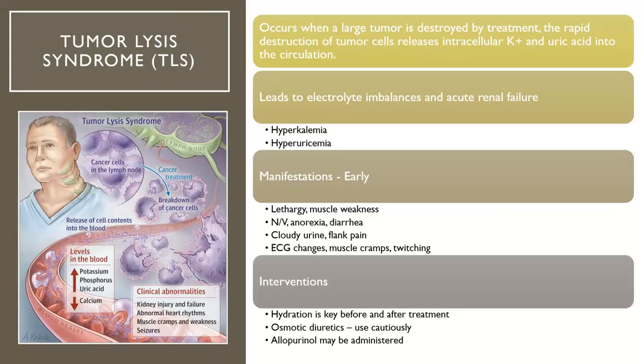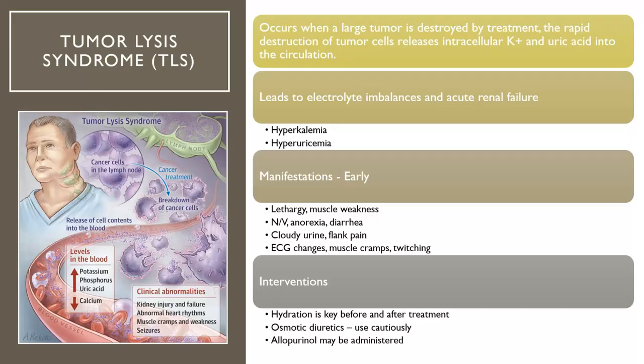Then tumor lysis syndrome occurs when a large tumor is destroyed by treatment. The rapid destruction of tumor cells releases potassium and uric acid into circulation. Can we handle all of that potassium? All the stuff that's leaking out of those cells is now in our blood, and our body can't handle trying to clean up all of that. It's too much all at once.